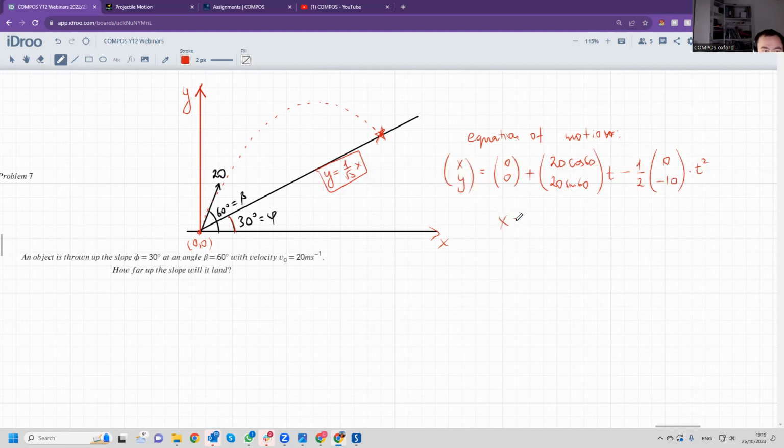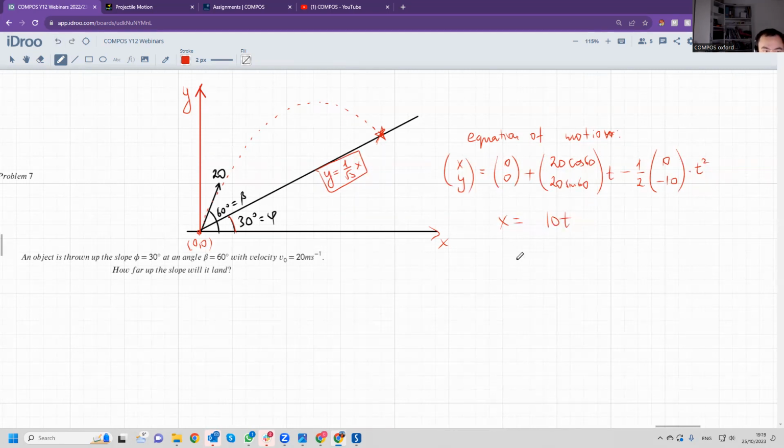So we have x is equal to 20 cos 60 t. Well, that's 10t.